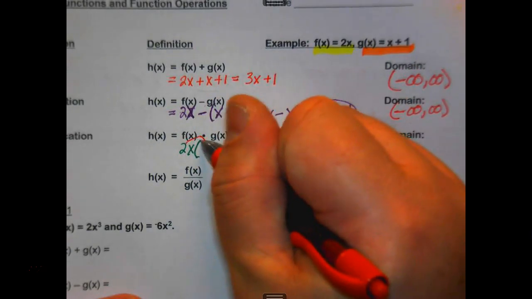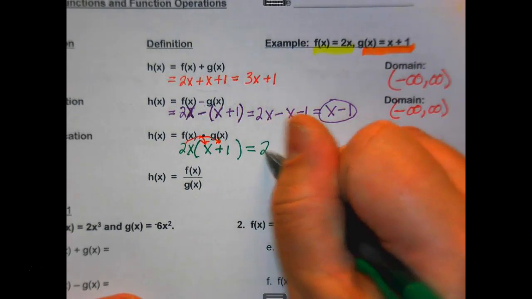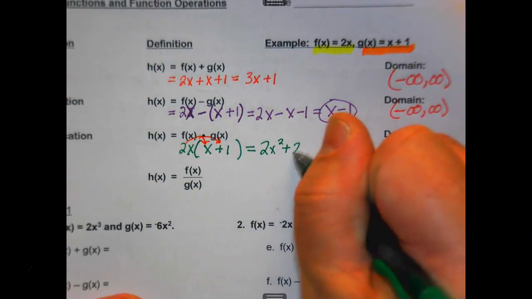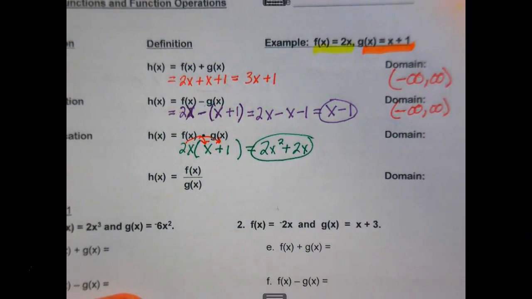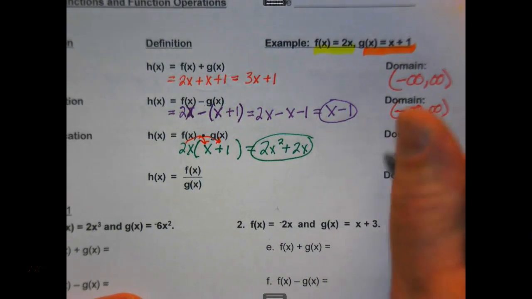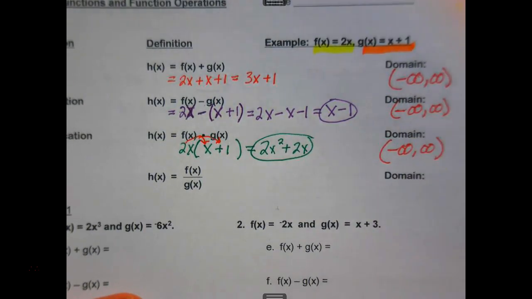No, I'm multiplying. 2x squared plus 2x. Any domain restrictions here? No. All reals.